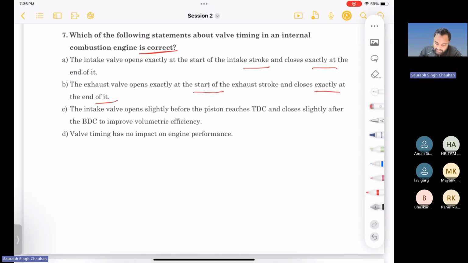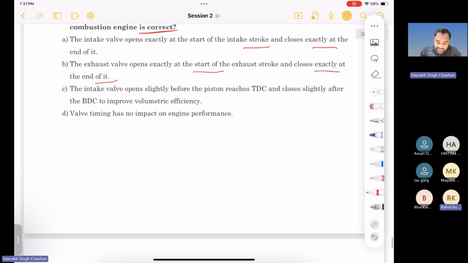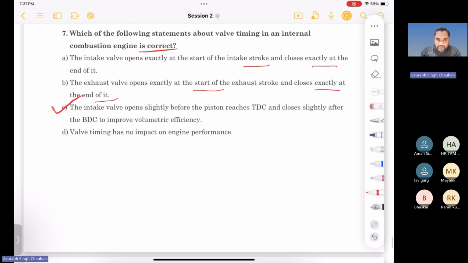That is also not correct. Intake valve opens slightly before the piston reaches the TDC and closes slightly after the BDC to improve the volumetric efficiency. This is correct. Valve timing has no impact on engine performance. This is also incorrect. Valve timing has a significant impact on engine performance.